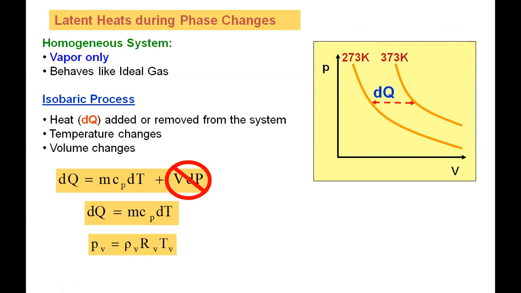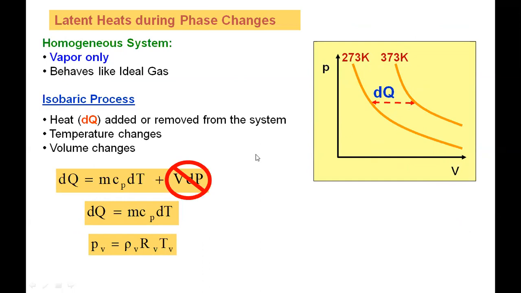Then what about the latent heat during the phase diagram between the pressure and volume? Here is 273 Kelvin at temperature, and here higher temperature at 373 Kelvin. So homogeneous system and vapor only. Then we have here vapor only and it behaves like an ideal gas.